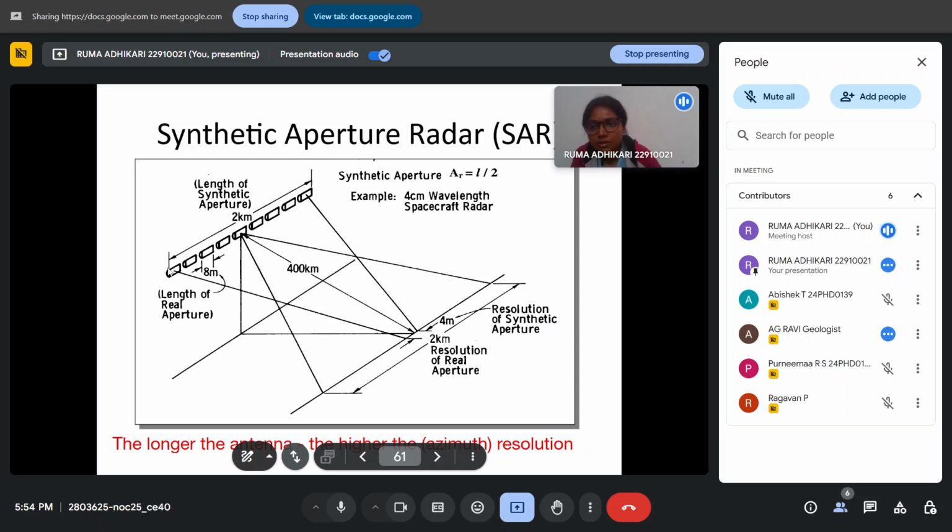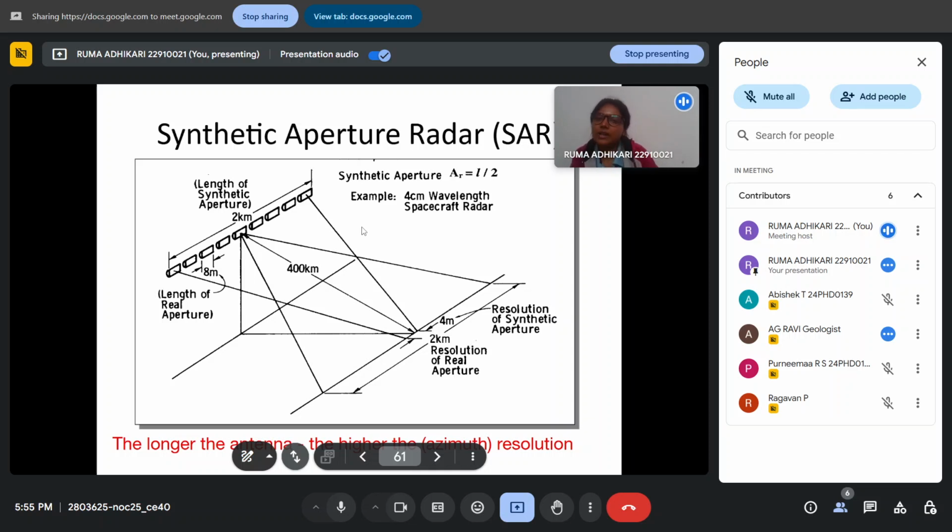So we increase the antenna synthetically or artificially, moving from here to here, moving everywhere, sending the signal and receiving at a similar time, just that simple concept. Sending from here, receiving from here. It works in microseconds and very fast.